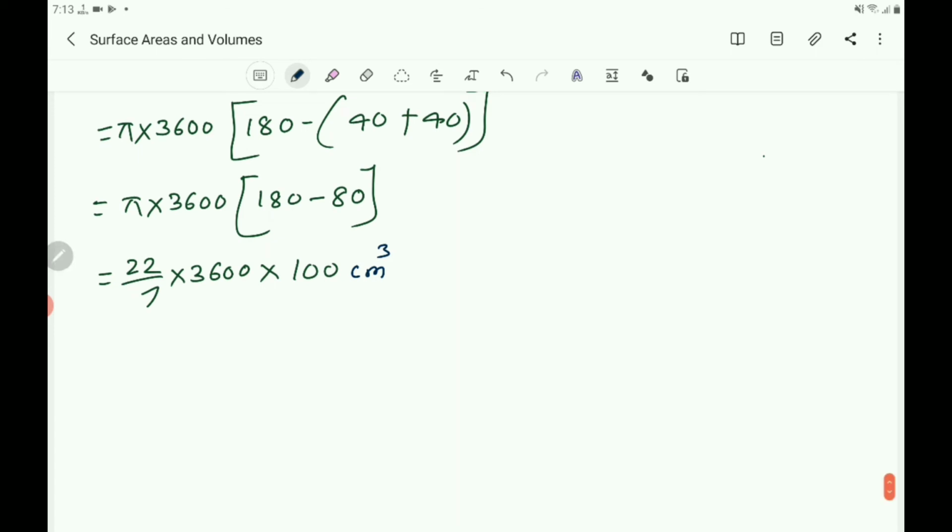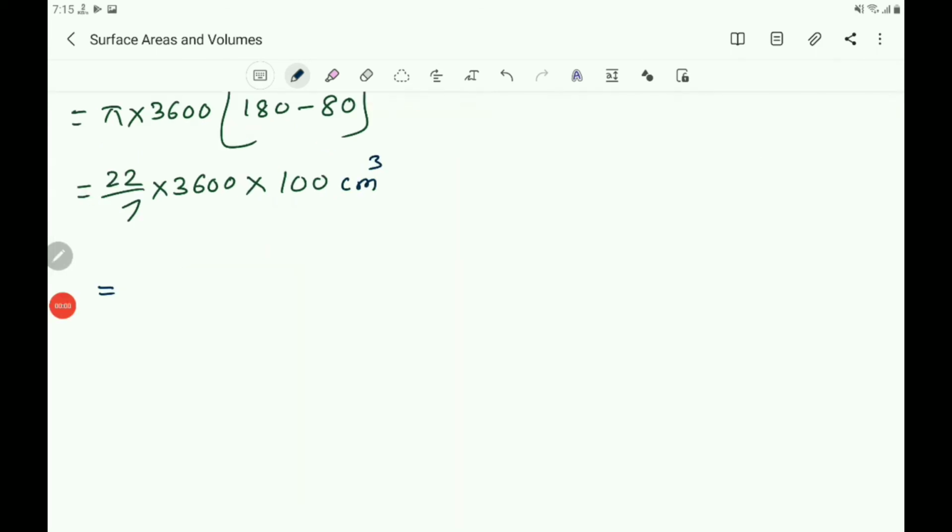If you want to convert this into m cube, here the volume is in cm cube. Let us convert this into m cube. To convert this into m cube, what you have to do? You write the numerator as it is, 22 into 3600 into 100 by 7.